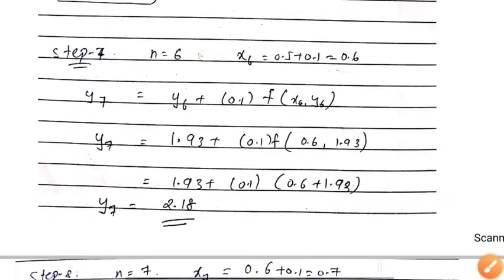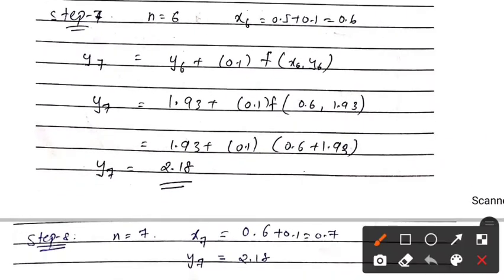We will move in the similar way for the next step. x6 you are having as 0.6 and y6 you have obtained in the previous step as 1.93. Okay, so putting n equal to 6 in Euler's equation, you get y7 equal to y6 plus 0.1 into f of x6 y6.